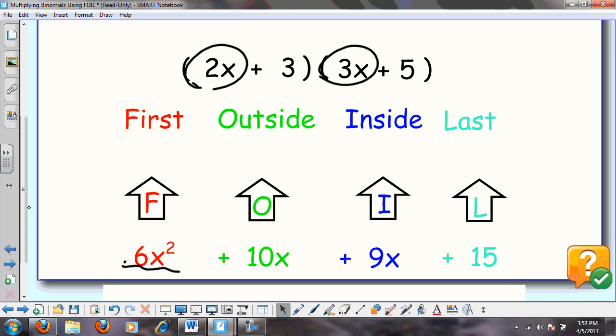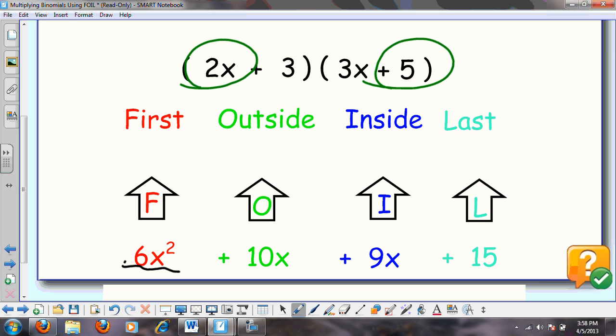Look at your outside terms. This is an outside term, and this is an outside term. They're on the outside. Well, 2x times 5 is 10x.